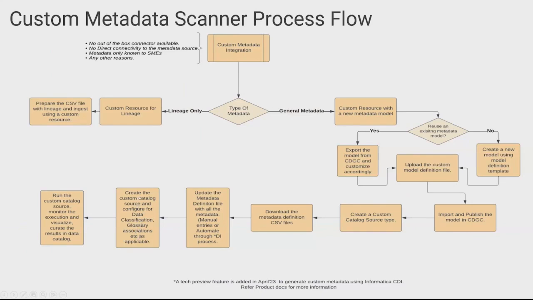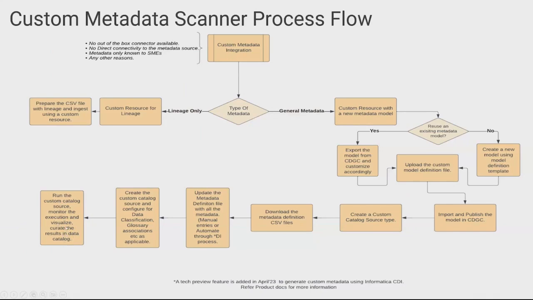And once we have completed the configuration, we will go ahead and launch the resource and monitor the resource execution. And once the completion is done, then we'll go to the data catalog and follow the same steps as any other resource.